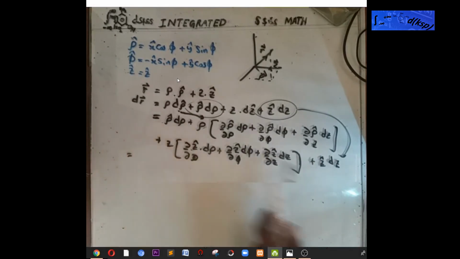We also need to find the phi direction, and then only are we able to find dr. I'm going to break this into two sessions, because it will take much time to derive.